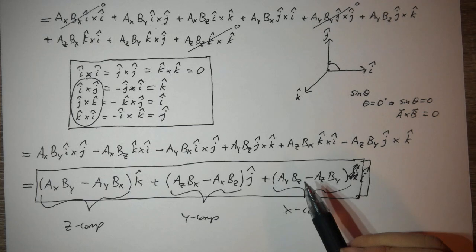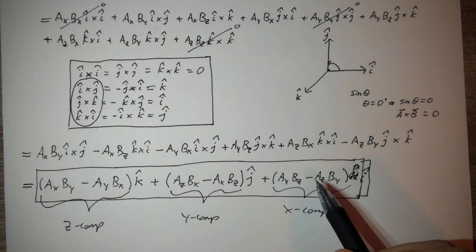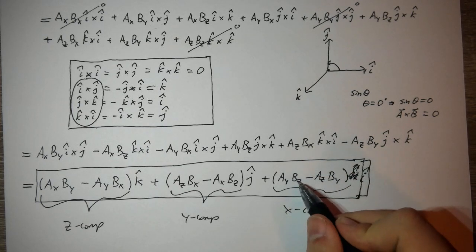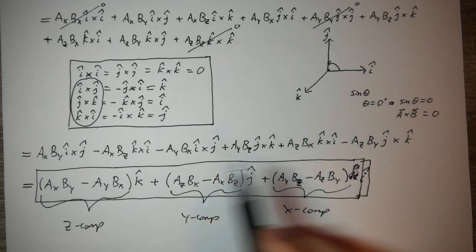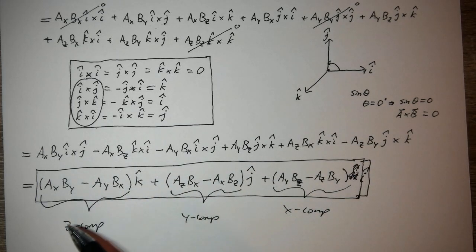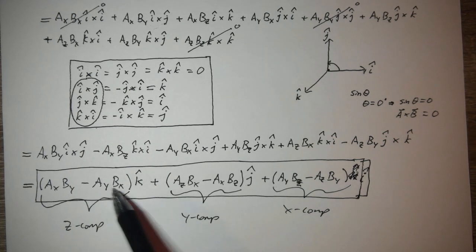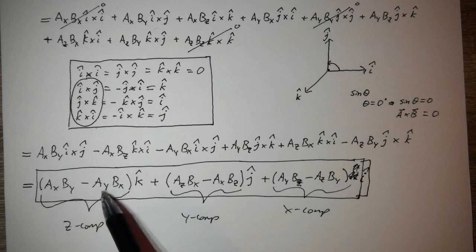So if you want to find your cross product vector, this is how you do it. You take the components of your individual vectors and you write them in this form. And notice that, for example, with the Z component, we don't have any Z component of A or B in here.